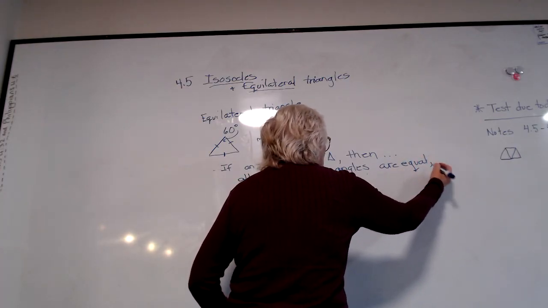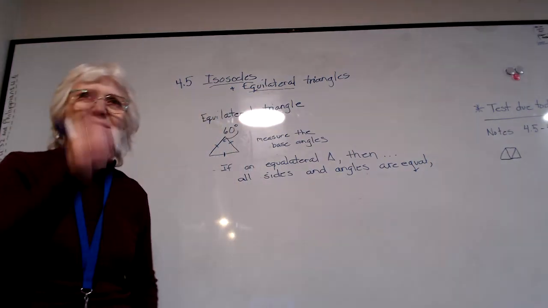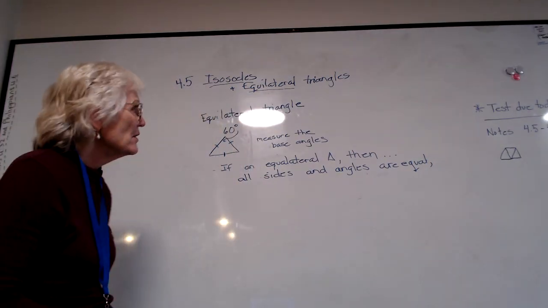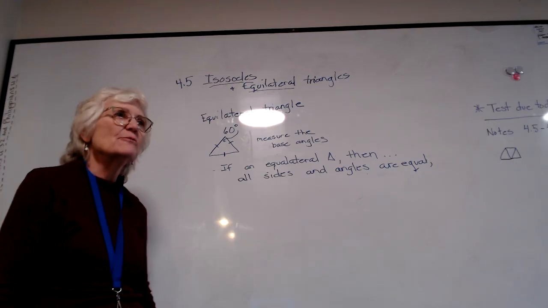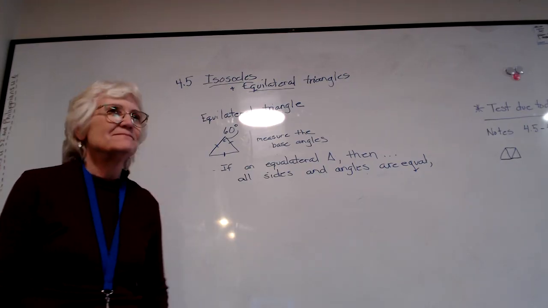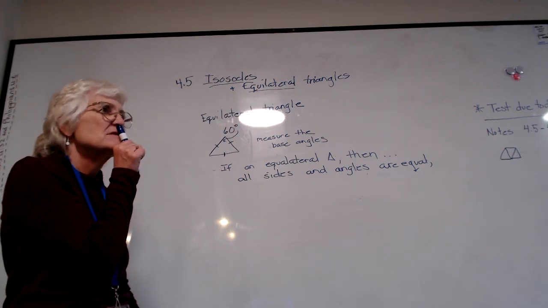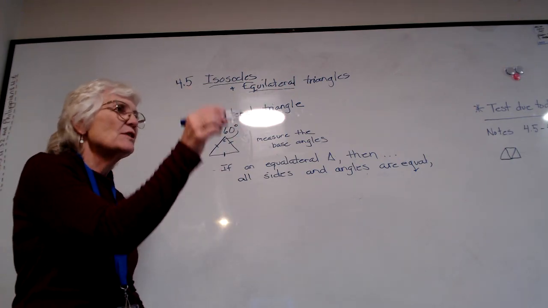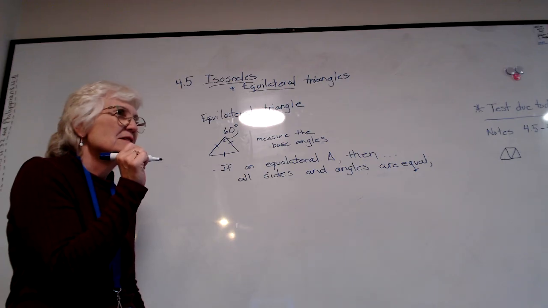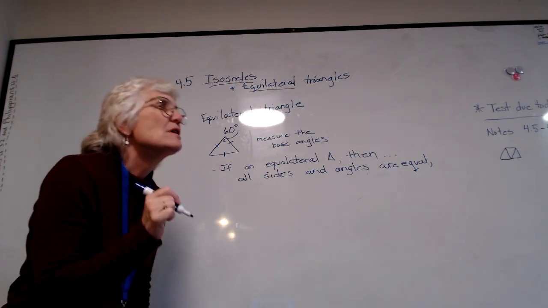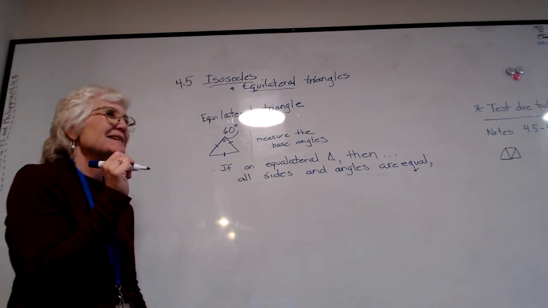What can we say? Yes. Congruent. Well, all angles are congruent because they're equal. What else can I say about them? Do I know their size? What was the size of your angles? It was 4 centimeters. All sides are 4 centimeters. No, the angles. 60 degrees.